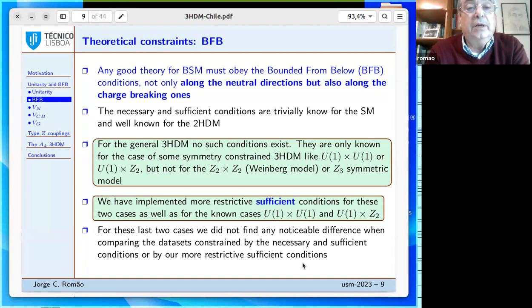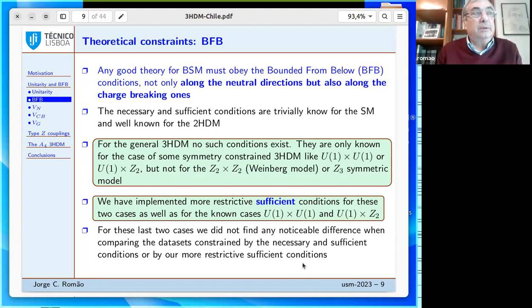But for a general 3HDM, no such conditions exist. They are only known for the case of some symmetry-constrained 3HDM like U1 cross U1 or U1 cross Z2, but for instance, for the Weinberg model Z2 cross Z2, they are not known, neither are they known for the Z3 symmetric model. Why are they not known?